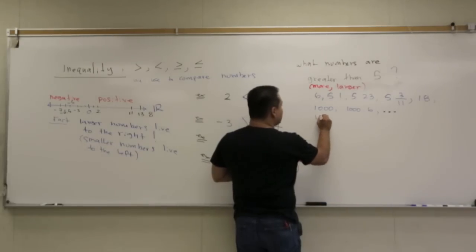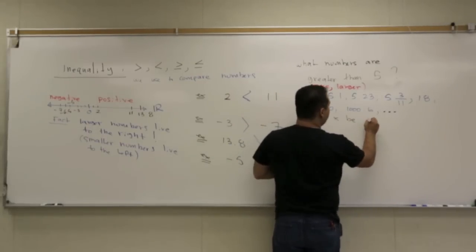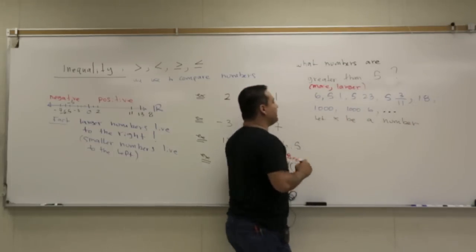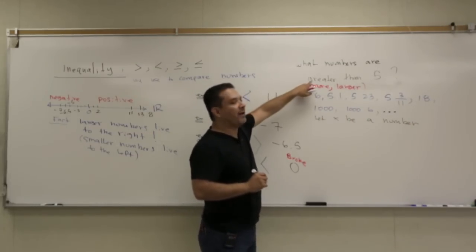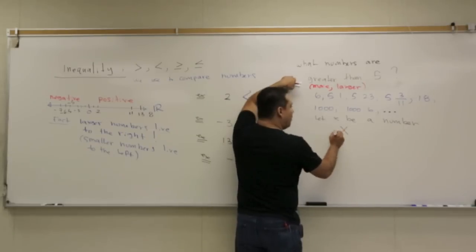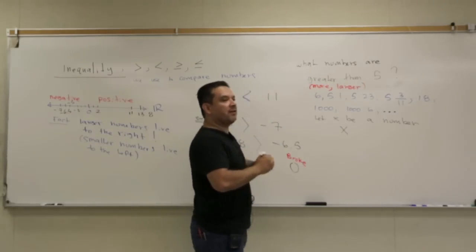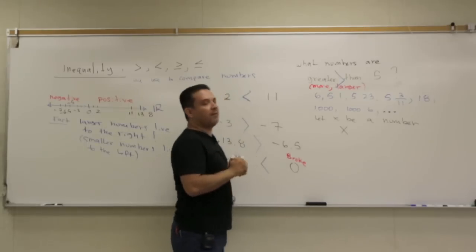Now, here's what I want to say. We're going to let x be an arbitrary number. So here's the basis. If x is an arbitrary number, how am I going to describe numbers that are greater than 5? Well, let's write it that way. x, arbitrary number, greater than. What symbol is the greater than symbol? Isn't that the symbol?